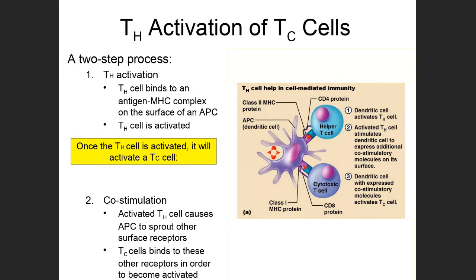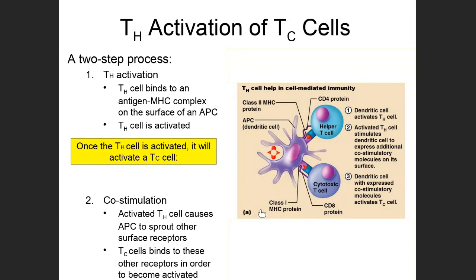The process of activating a cytotoxic T cell has two steps to it, and it's demonstrated in this diagram. Here we've got our helper T cell once again. This is an antigen-presenting cell. In this particular diagram, we're using a dendritic cell as an antigen-presenting cell. It could be a B cell as well, because they act as antigen-presenting cells, as do macrophages, those phagocytic cells.